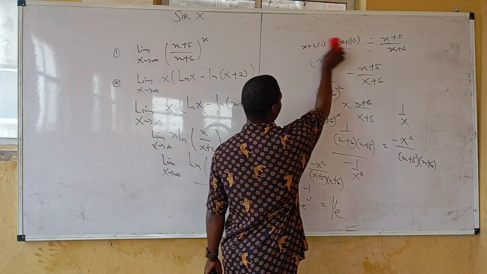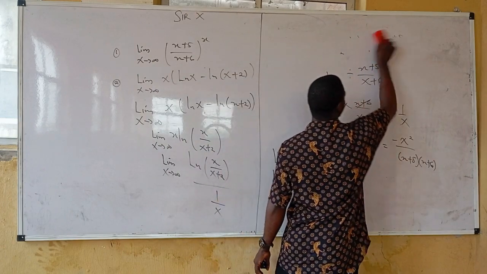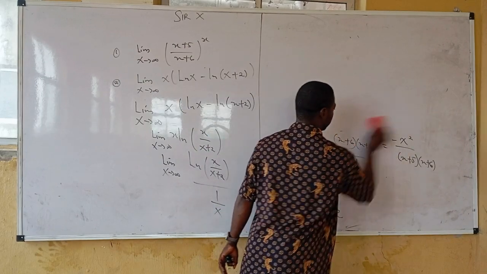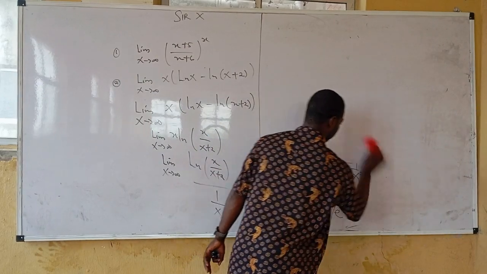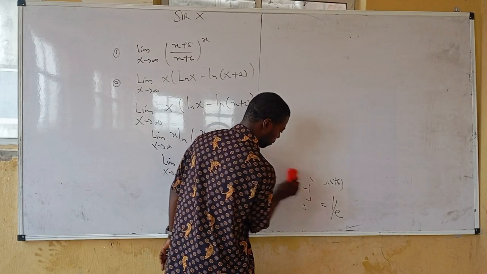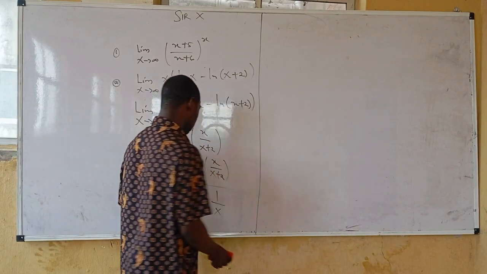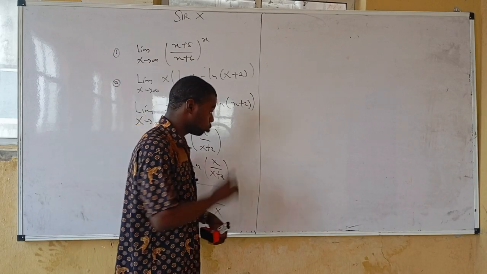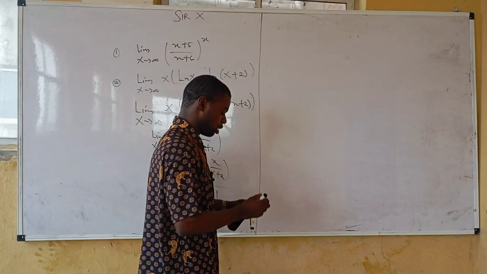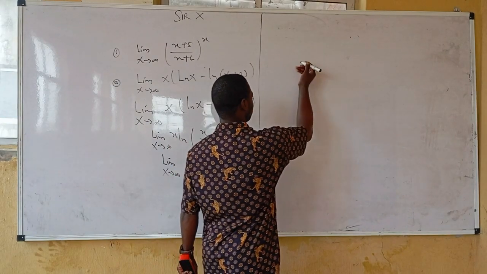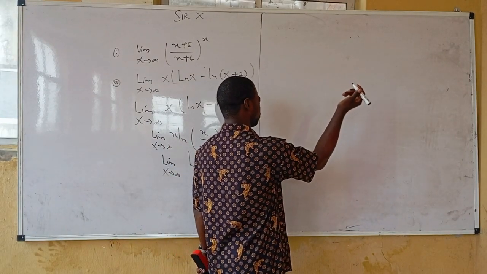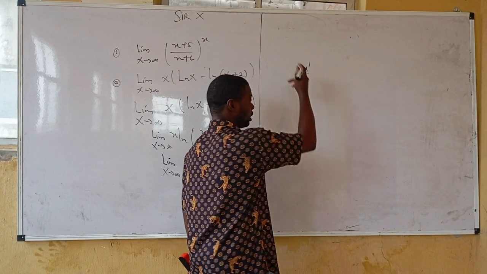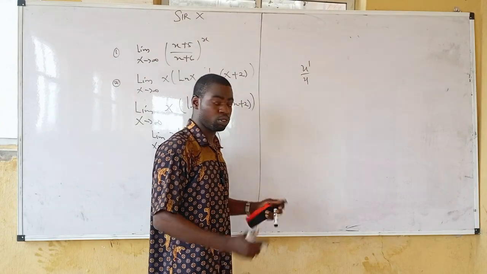So coming over to this point to do the differentiations. We can take the differentiation of ln of x over x plus 2, just like we did for the previous one. Remember, to differentiate a logarithm, all you have is u prime over u, that means the derivative of the function divided by the function itself.